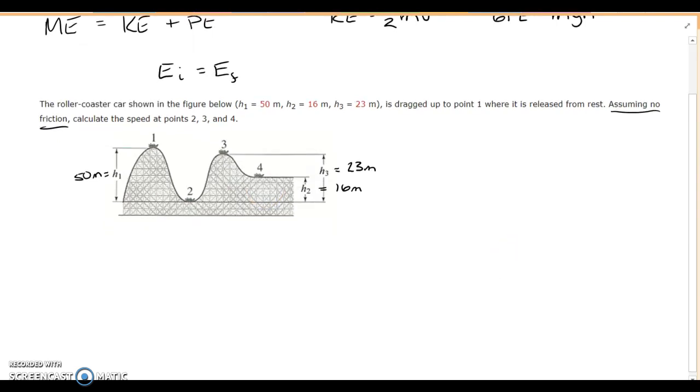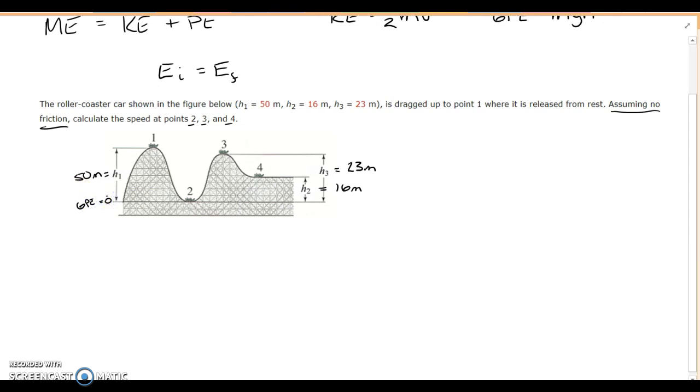And so what we really need to figure out, we want to find the speeds at points 2, 3, and 4. But we need to know how much energy we have to work with. So like any problem with energy and gravitational potential energy, we want to identify where our 0 GPE is located. And so we're going to look at our track, and I'm going to call point 2, where they're measuring the height from, as our GPE equal to 0.